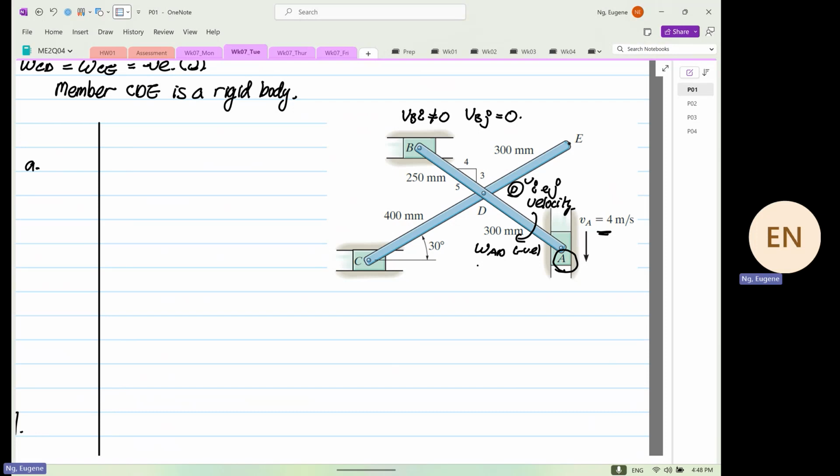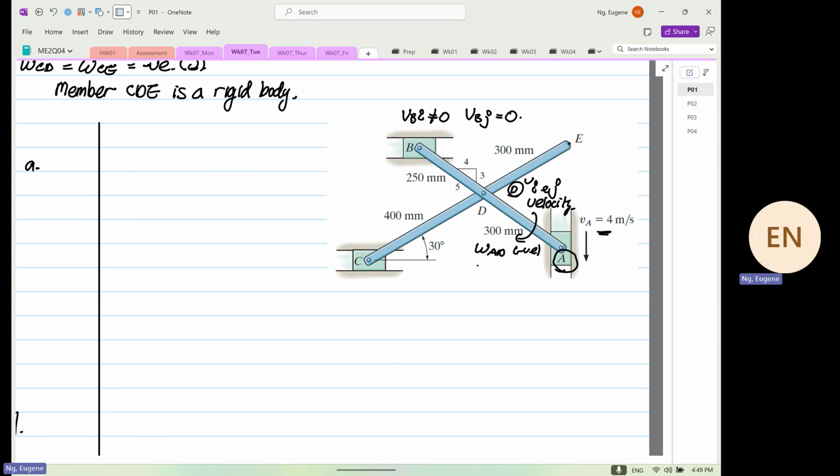You have to select the right points to form the equation. We are now looking at member ABD, but I decide to write the equation between point A and point B. Why? Anyone?